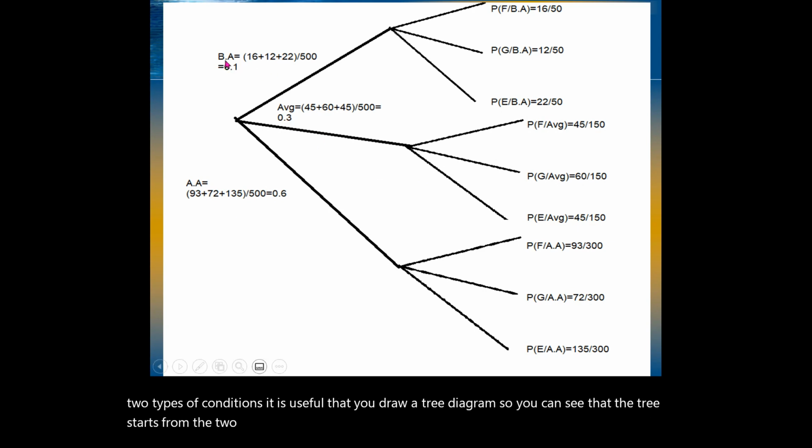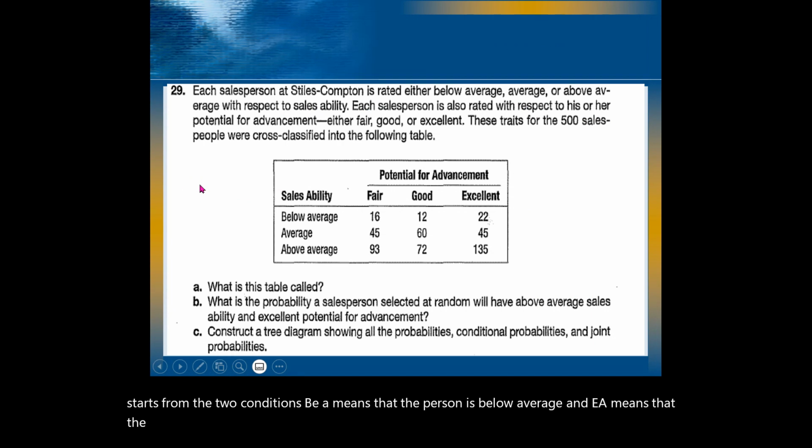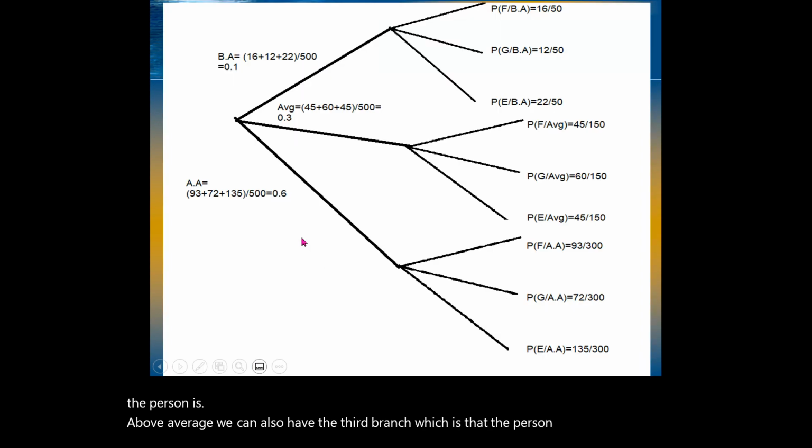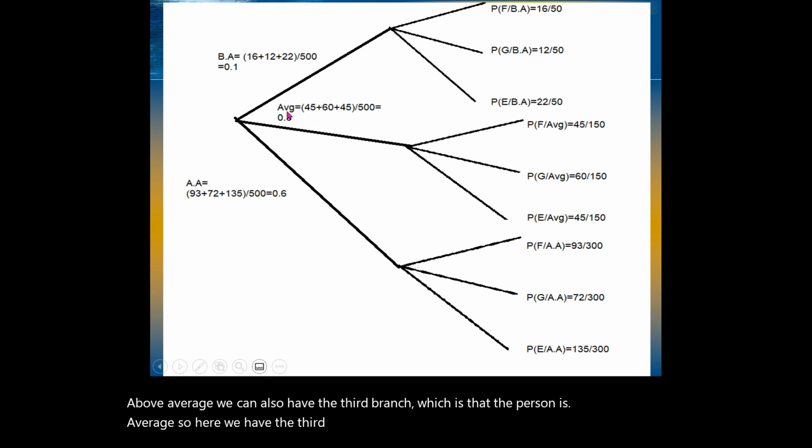BA means that the person is below average, and AA means that the person is above average. We can also have the third branch, which is that the person is average. So here we have the third branch: below average, average, or above average. So how many are below average?